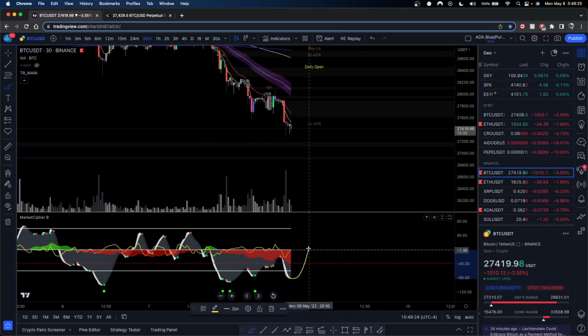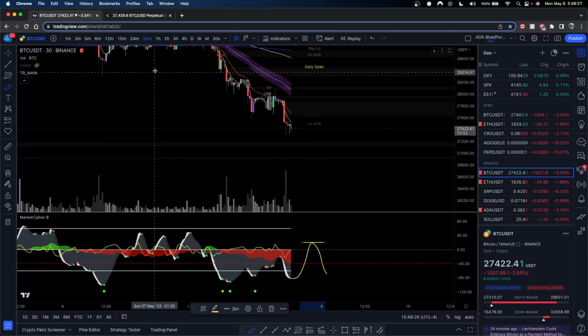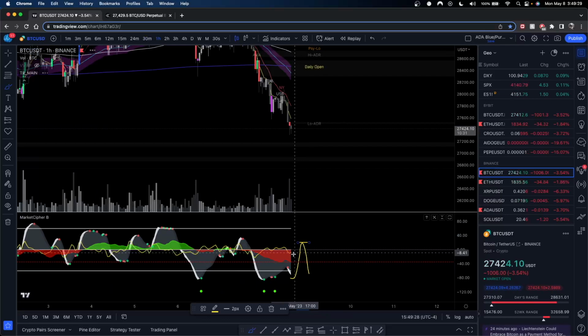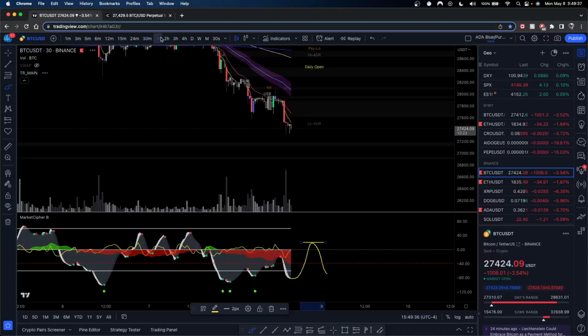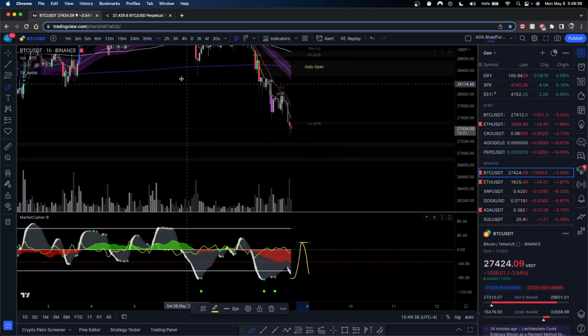If I get this, I can enter that, and then I'm in my trade, and then later I see this forming and it does the same thing, then I can shift my perspective from the 30 minute to the 1 hour because the 1 hour followed through.